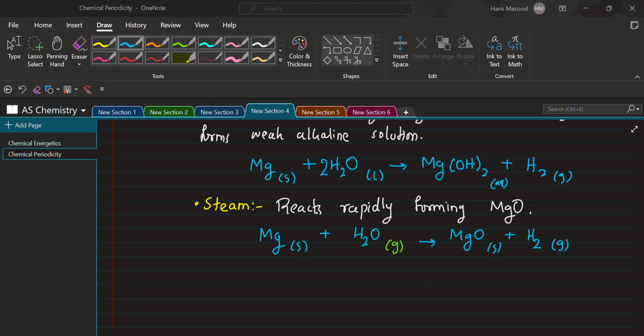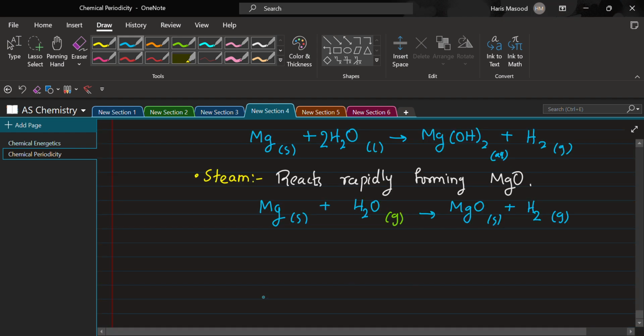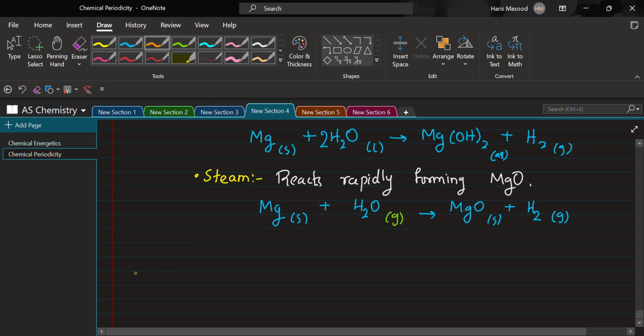Okay. So now we have the next topic, that is period 3, because this whole chapter has a lot of equations and reactions, so you have to memorize each and every one of them conceptually. Period 3 oxides.